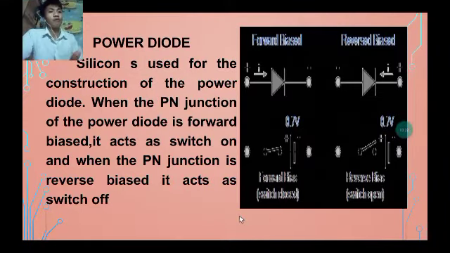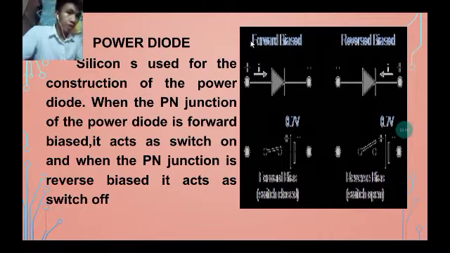So next, power diode. This is also commonly used in electronics. Only silicon is used for the construction of the power diode. When the PN junction of the power diode is forward bias, it acts as a switch on, and when the PN junction is reverse bias, it acts as a switch off.